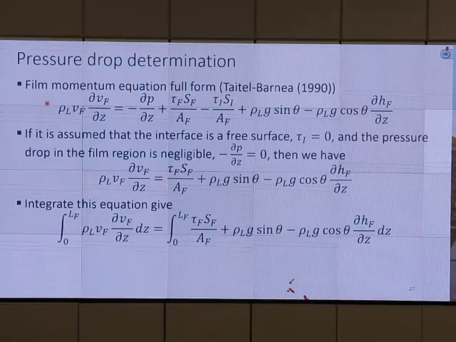Slug flow has a film part, and if that film has a uniform surface, that's tau I equal to 0 for that case. No frictional pressure loss. I will show you that when we make this assumption, we arrive at something similar to Dukler-Hubbard.